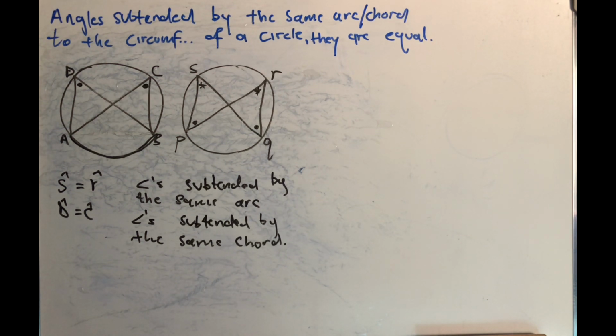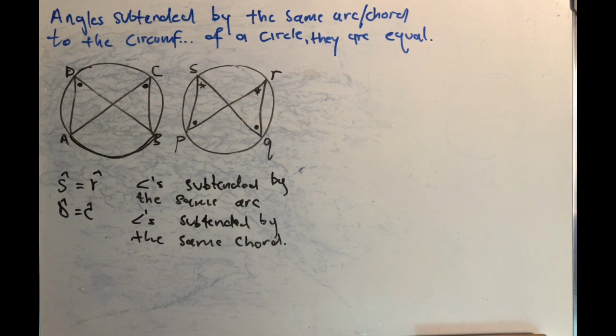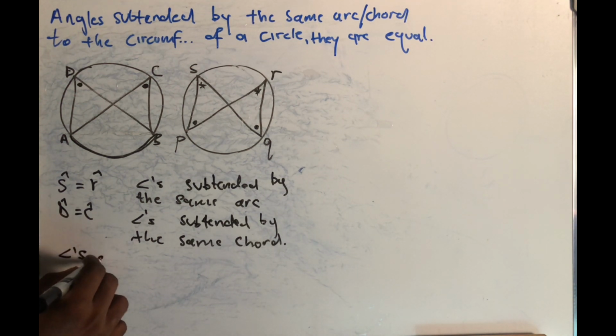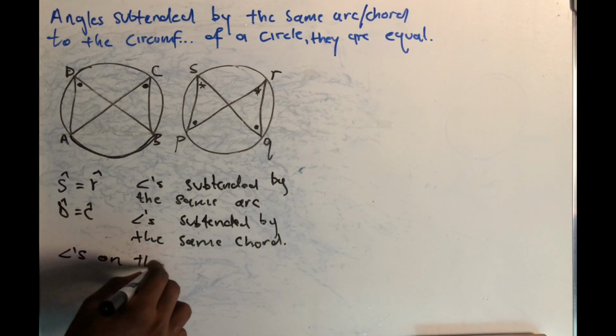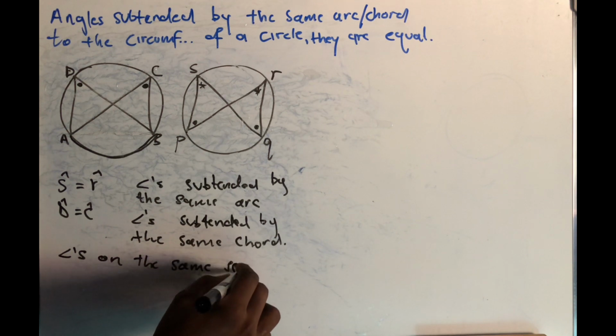So in some cases where you can't differentiate a chord from an arc, the easy way to say these angles are equal, whether they are subtended by the same chord or by the same arc, is to put them in one bracket and say angles on the same segment.